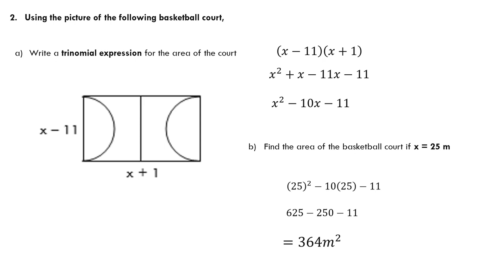And because we're talking about area, we write it as a squared value. So 364 meters squared is the area of this basketball court. Now, we could have also done this another way. We could have taken 25 minus 11, which is 14, and multiplied it by 25 plus 1, which is 26, and that would have given us the same answer.